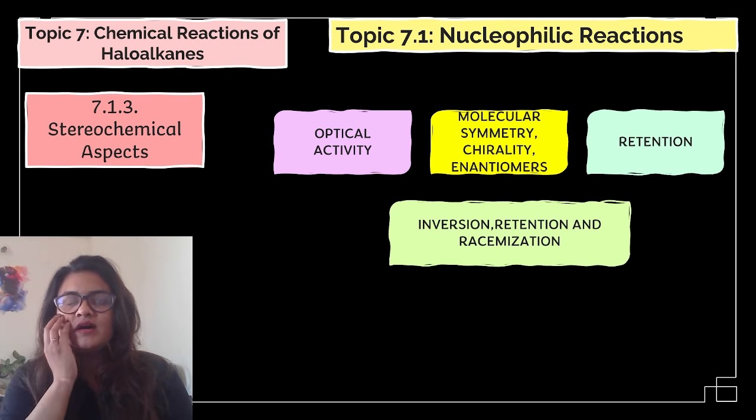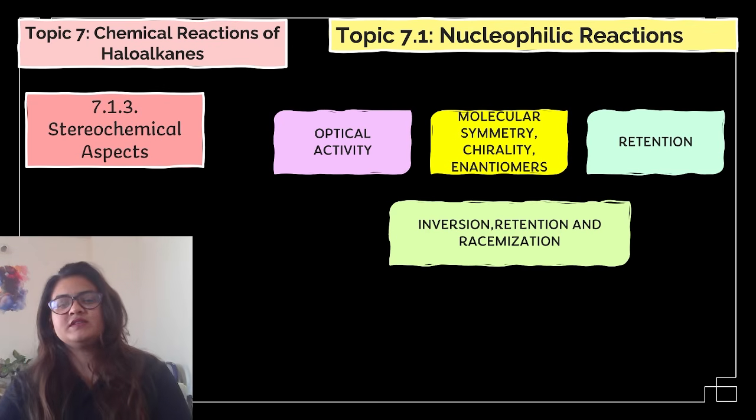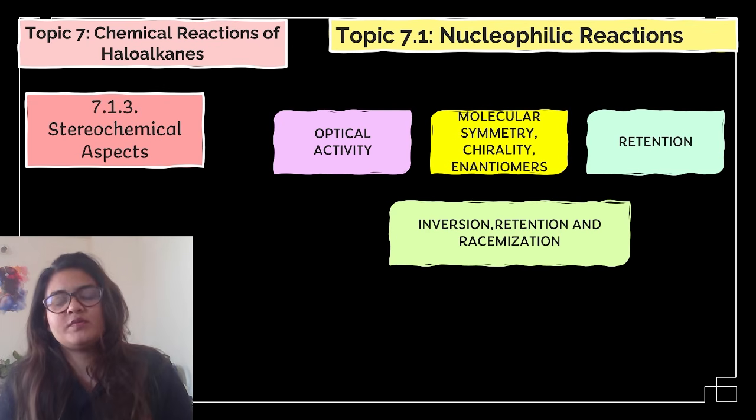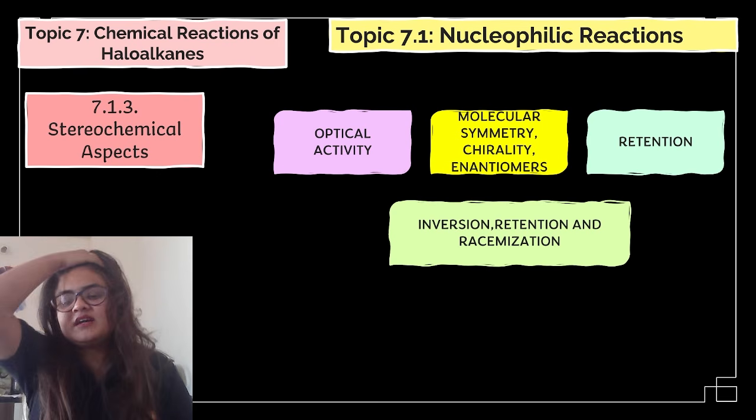Racemization means it's a mixture of R and S. So if you start with an optically active compound and proceed with the SN1 reaction, you will end up with a racemic mixture. But if you are doing an SN2 reaction and you start with R, you will end up with S. So you will face inversion in configuration. I guess this is clear to you.